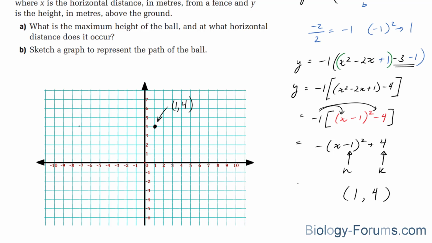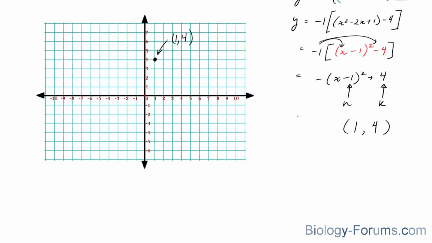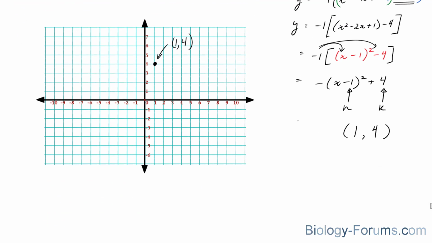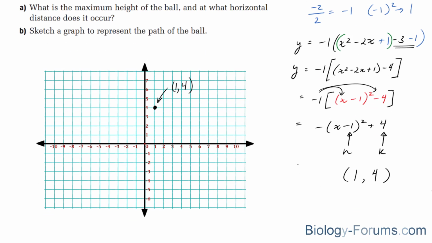The next thing that we have to do is sketch a graph that represents the path of the ball. Now, in order to sketch a graph of a parabola, you'll need to know the roots. And like I said earlier, you can find the roots by using the quadratic formula. Or you can also find out the roots by making this equation right here equal to 0.